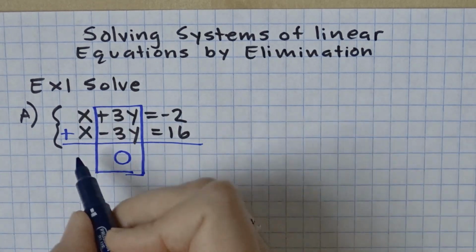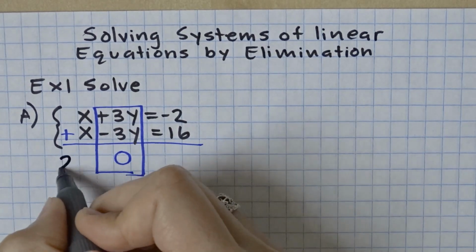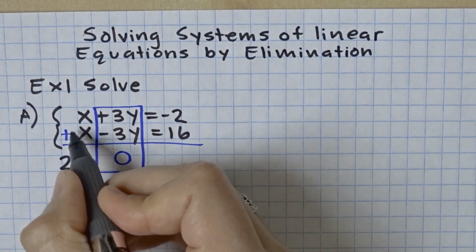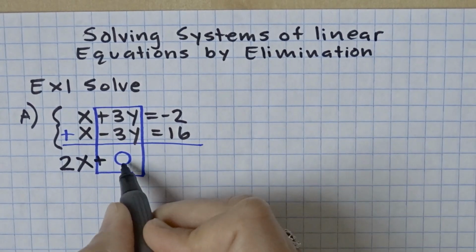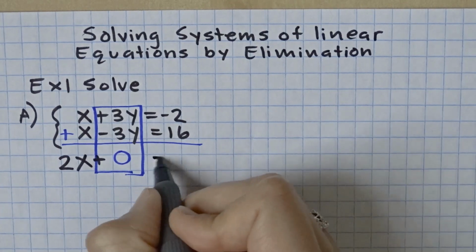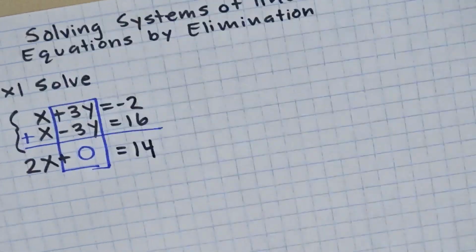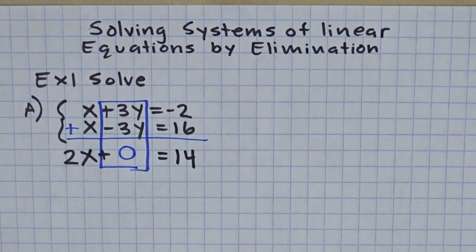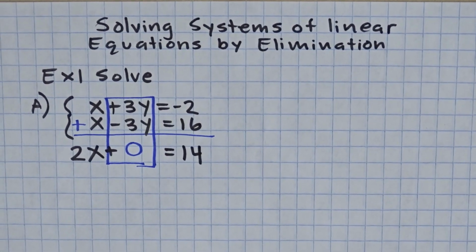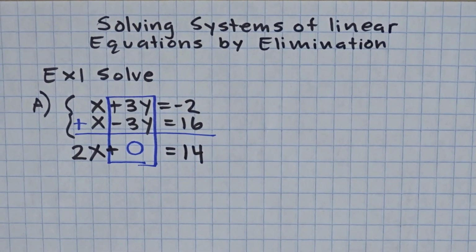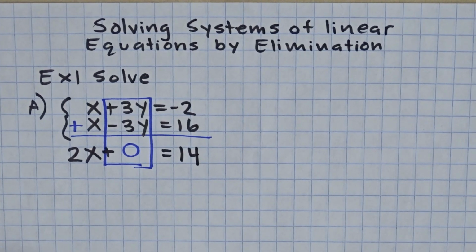And if I add these two, again, I said it was 2x. 1 plus 1 is 2. Plus 0 because that totals 0. And this would be 14. So the elimination process is wanting to get rid of one of those variables. And in this case, my y's are all gone.